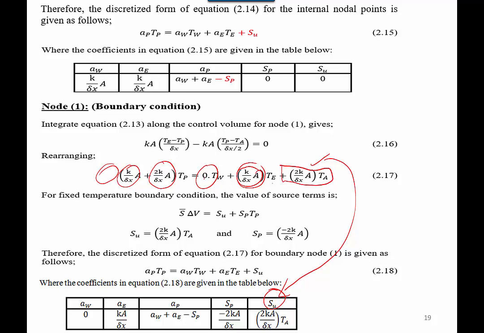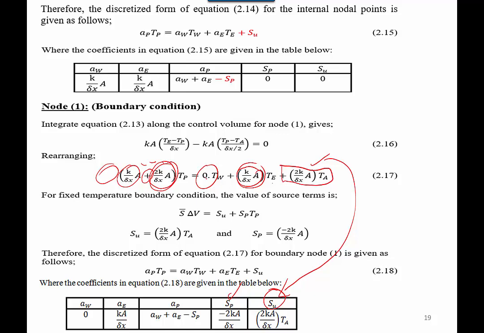It will be 0 for T west, and this goes to SP, and this plus sign, it is minus minus, so minus multiplied by minus gives a plus sign.